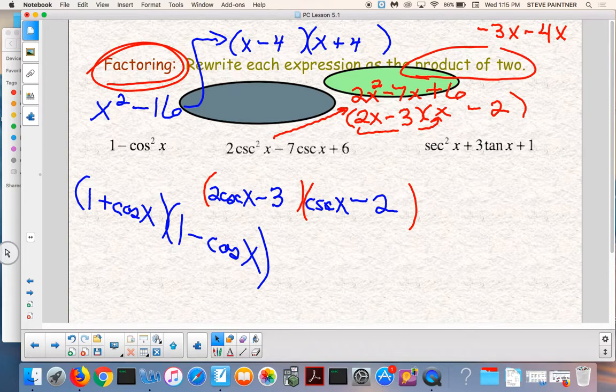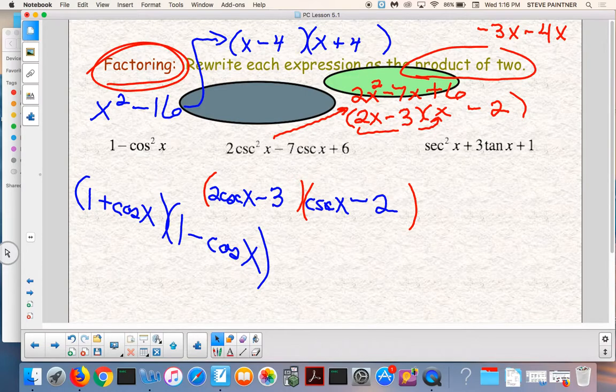Go ahead, Jane. 1 over cosine squared. But if you say this is 1 over cosine squared, well now I got cosine and a tangent. Then you switch tangent to sine over cosine. Then I got sines and cosines. It's going to be hard to factor. If you're going to factor, you want them all the same. Well, how do you get tangent?